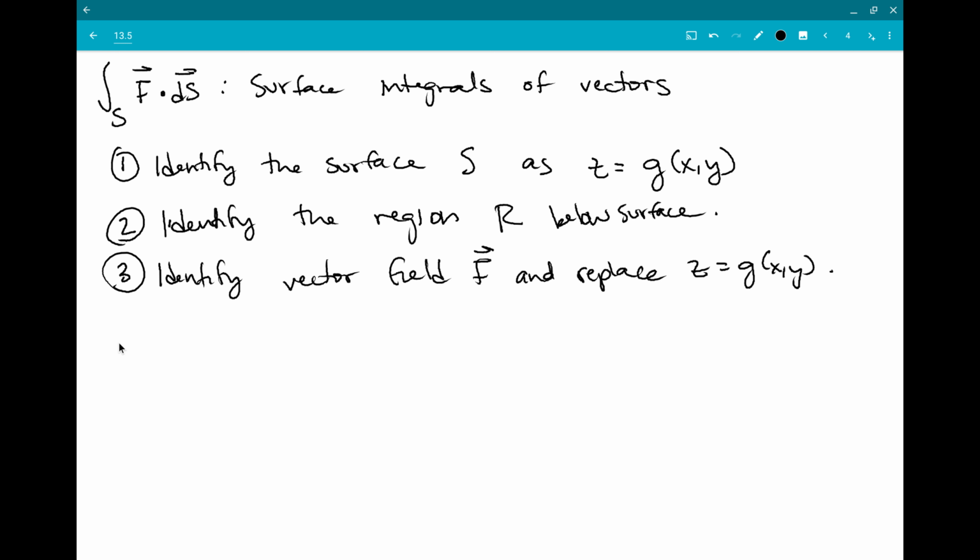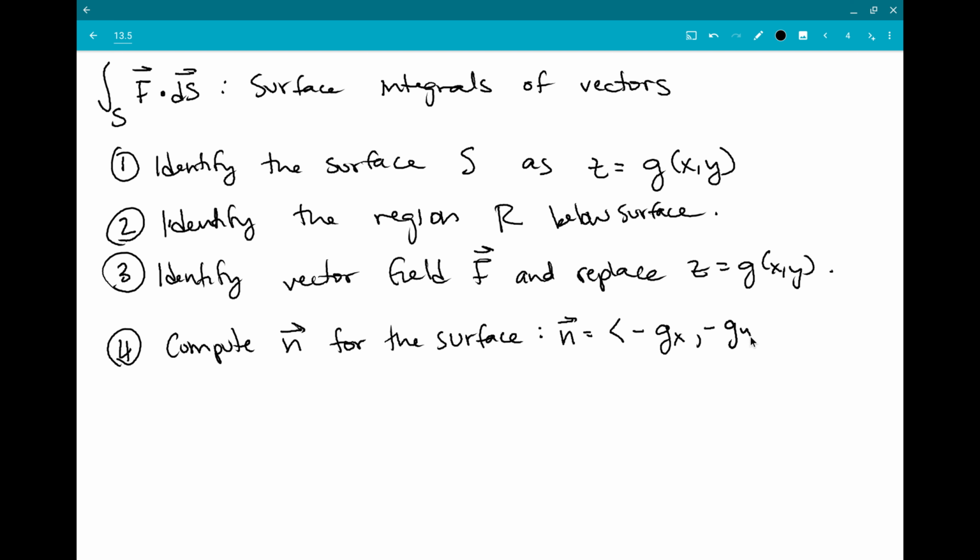And then you're going to compute the normal vector for the surface, which is just going to be negative g sub x, negative g sub y, 1.